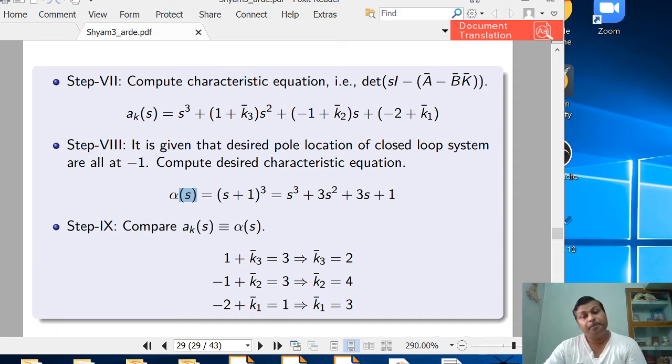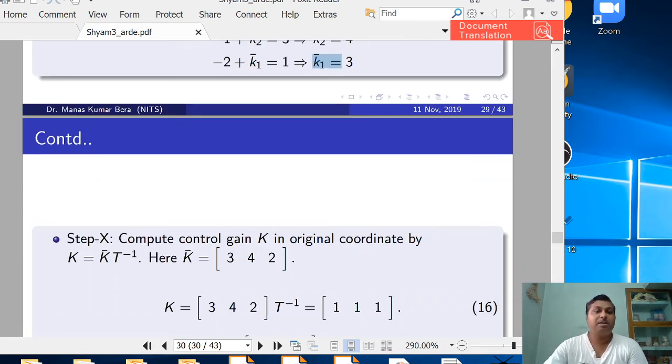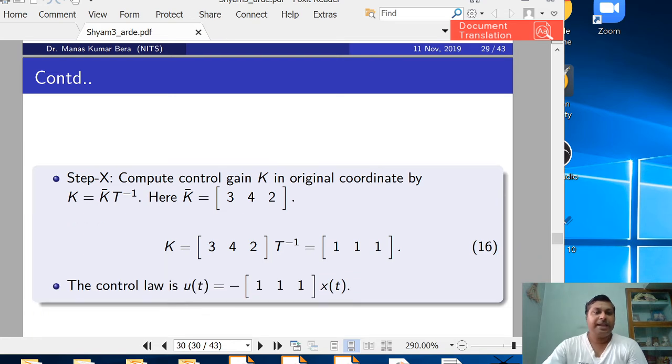But don't forget to perform the last step, because so far you have calculated the gains of the controller for the transformed system, not for the original system. These K1 bar, K2 bar, K3 bar are for the transformed system. For the original system, the last step is K equal to K bar into T inverse.